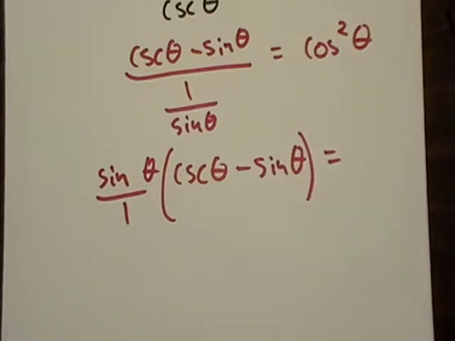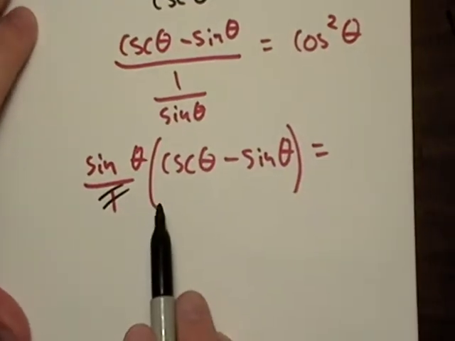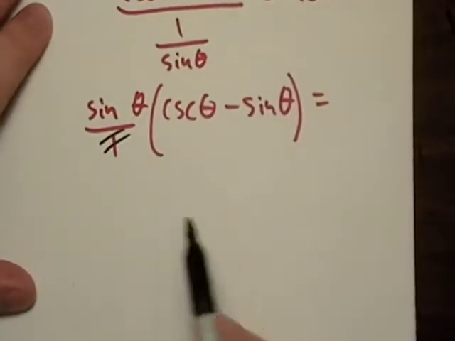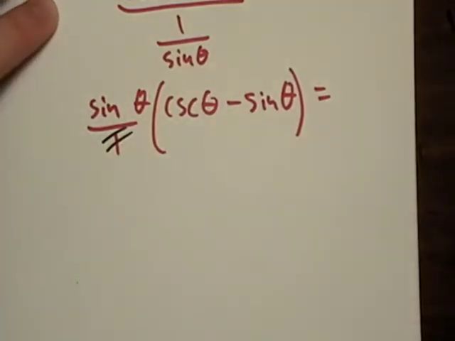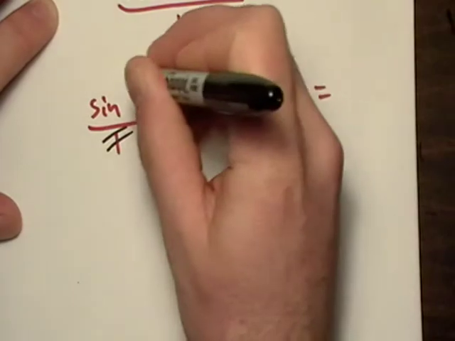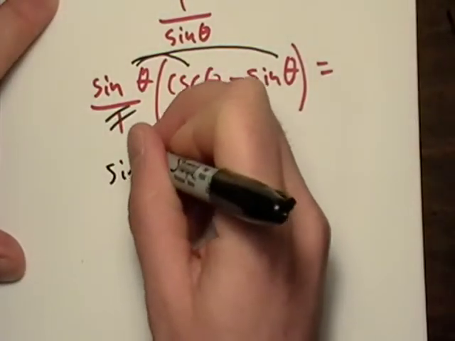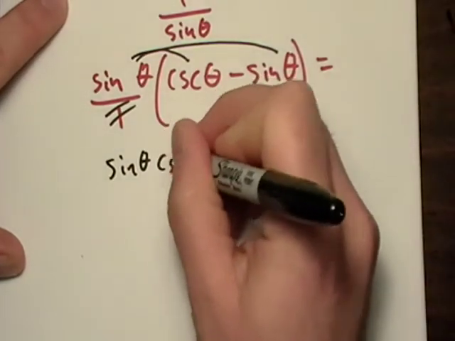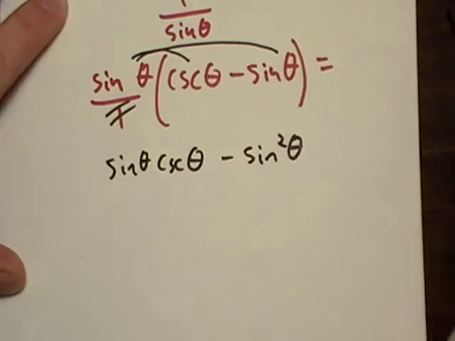Now, the next thing, of course, we don't really need to worry about the 1. It was just for brevity. So let me go ahead and throw sine in there. I'm just going to distribute the sine function. Okay, so then I get sine theta cosecant theta minus sine squared theta.